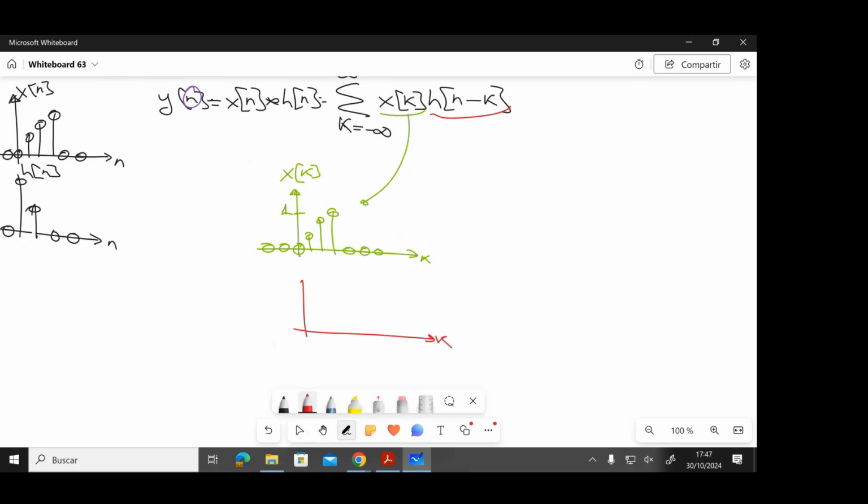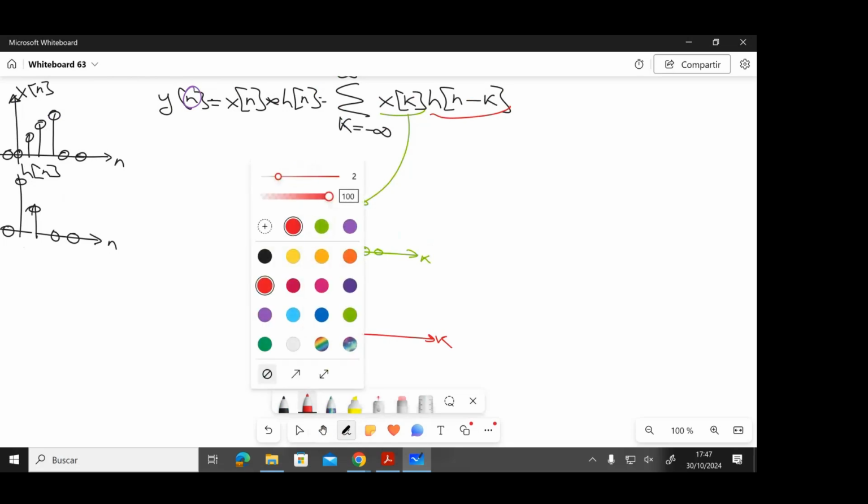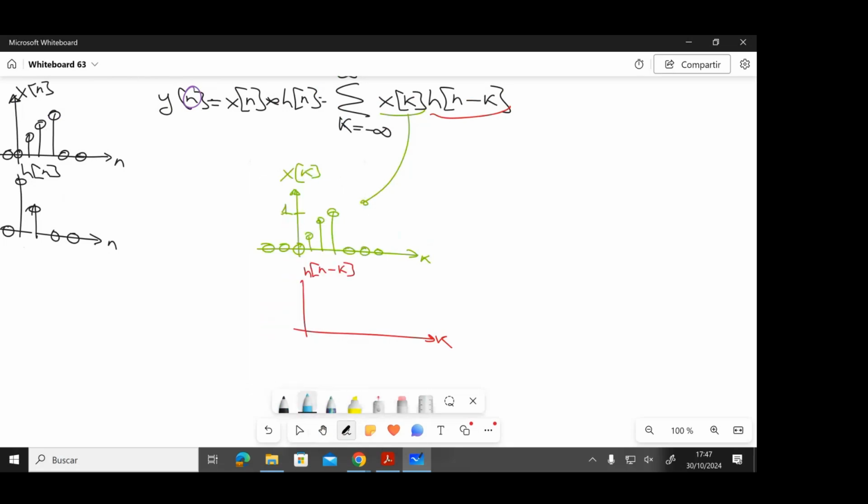This will be h of n minus k. So the minus k, this minus here, makes that the kernel is flipped. And the n makes that the kernel is shifted to n.